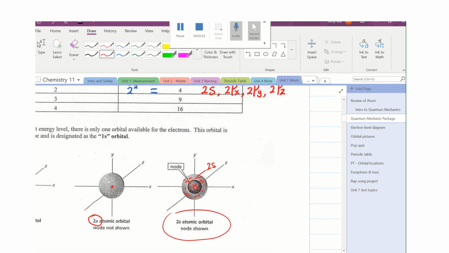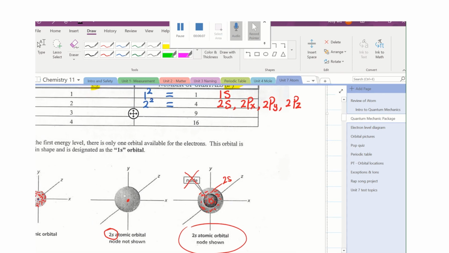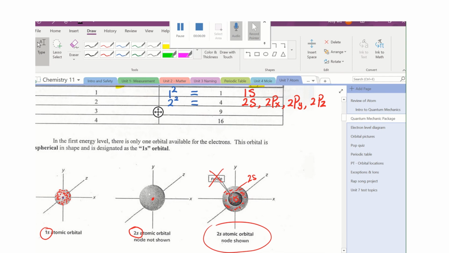So that's the 2s. You don't need to know the term node; that's where the 1s and 2s overlap, but it's too much detail for you to know. So 1s and 2s are regions of space where we expect to find the electrons. We don't know exactly where they are, but this is where we can find them.